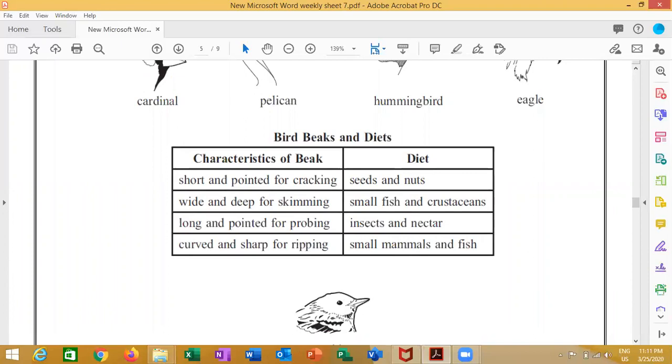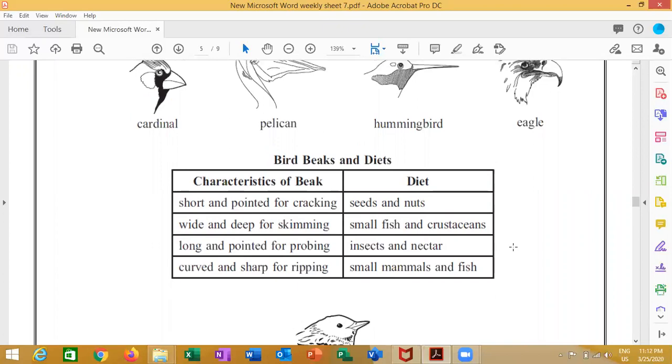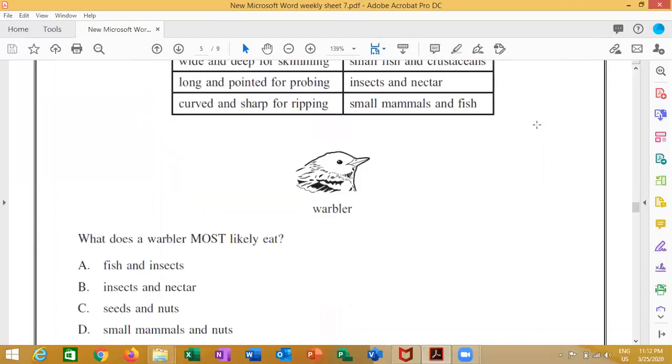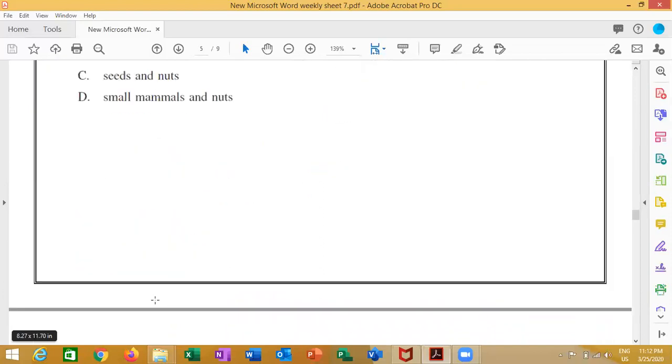What do you think the food of this bird will be? According to the previous information in the table, you should recognize which beak this bird looks like from the previous birds here. So according to the previous information, your answer should be number C, which is seeds and nuts.